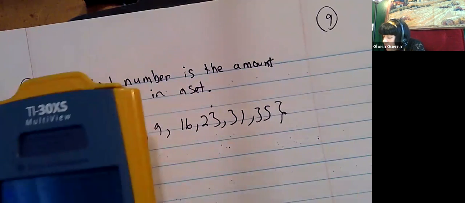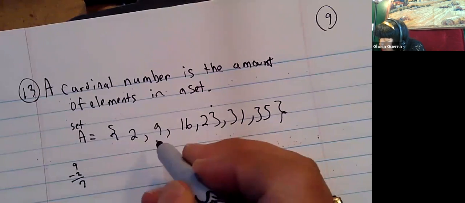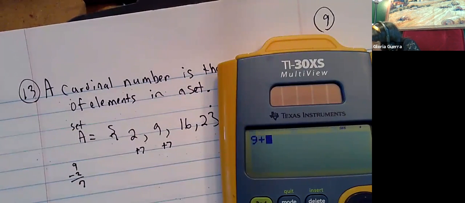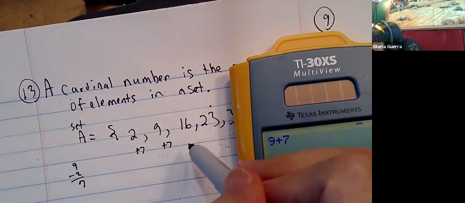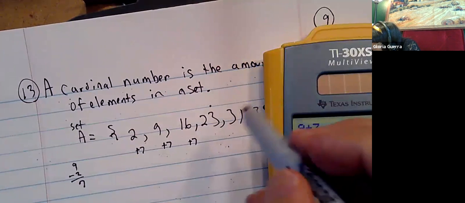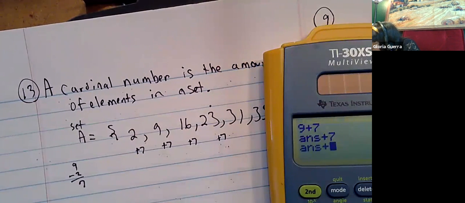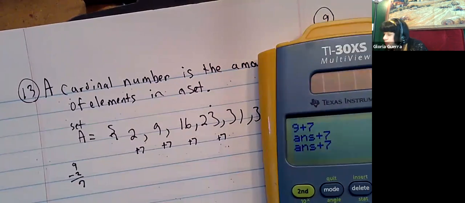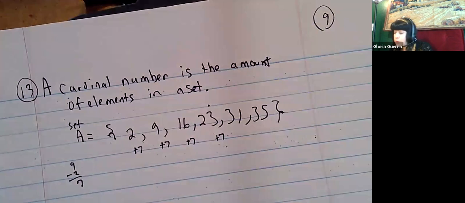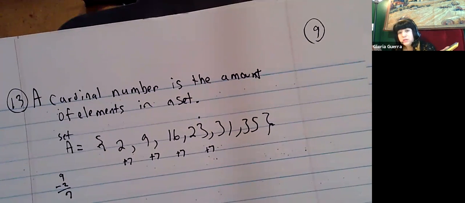So if I do 9 minus 2 is 7. So if I try to say plus 7, 2 plus 7 is 9. And 9 plus 7 is 16. And 16 plus 7 is 23. And 23 plus 7 is 30. And they said 31. Okay, so I was just trying to see, like we did on problem number 1, was there a pattern?